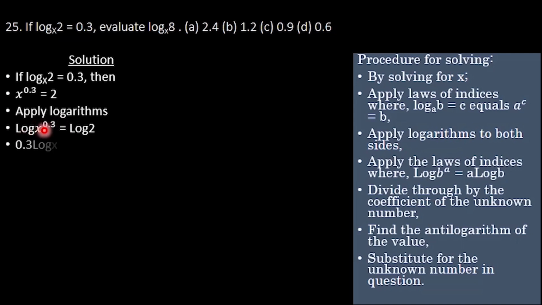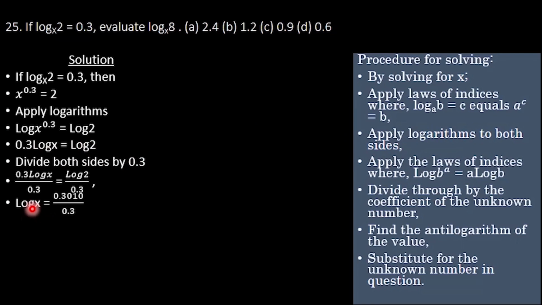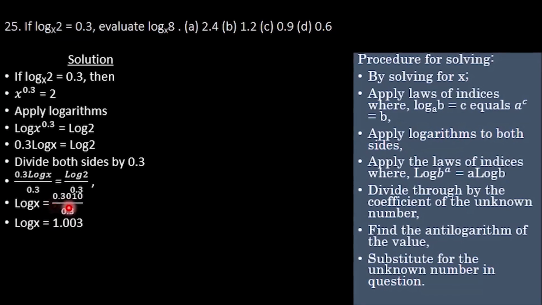Then let's apply these laws of logarithm. 0.3 log x is equals to log 2. Then divide both sides by 0.3. The log x now is equals to log 2 will give you 0.3010 over 0.3. Then log x is equals to, when you divide 0.3010 by 0.3, we have 1.003.